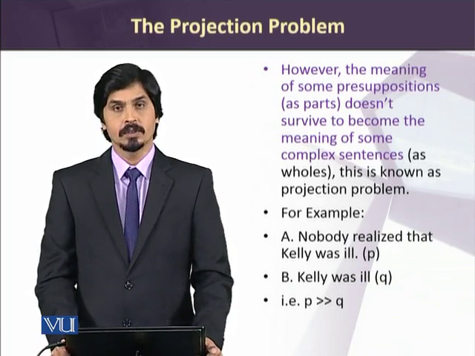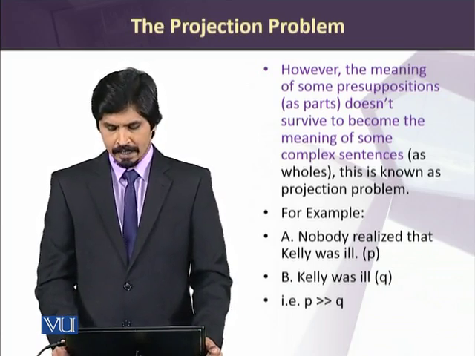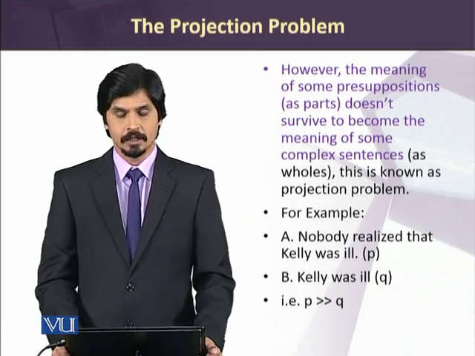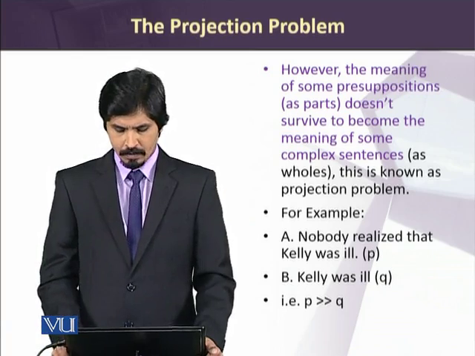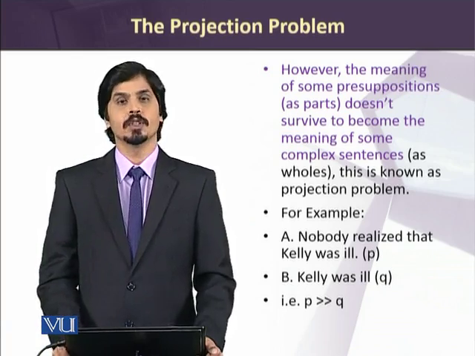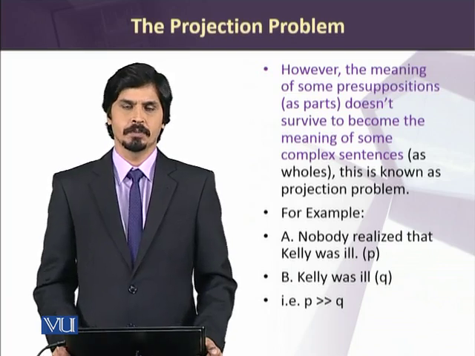For example, you can see here the statement, "Nobody realized that Kelly was ill." This is the first statement, we can call it P. And "Kelly was ill" is the assumption or presupposition which is being made there.